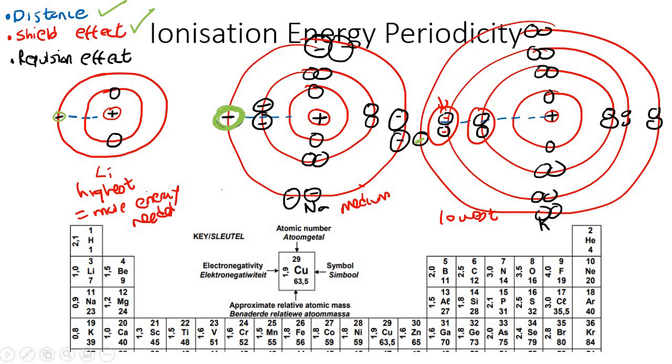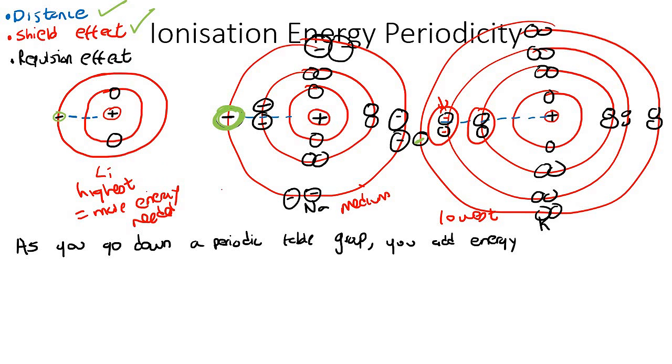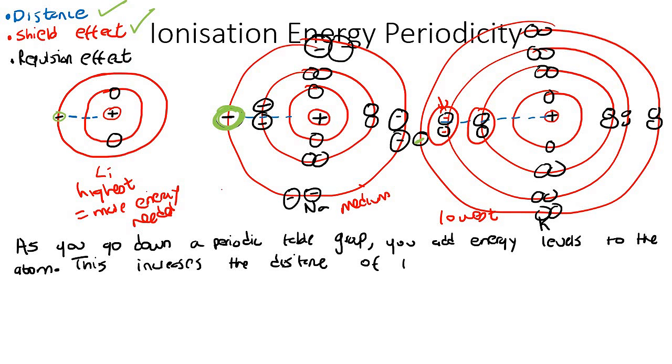Okay? But now we're going to put all of that into a summary. Hope that makes sense so far. So, as you go down a periodic table group, you add energy levels to the atom. This increases the distance of the outer electrons to the nucleus.